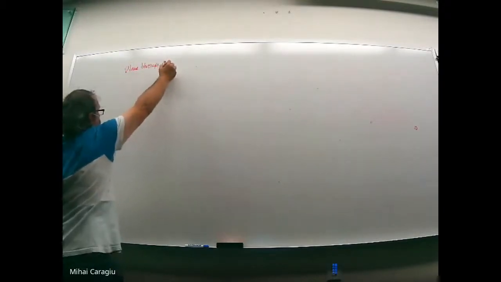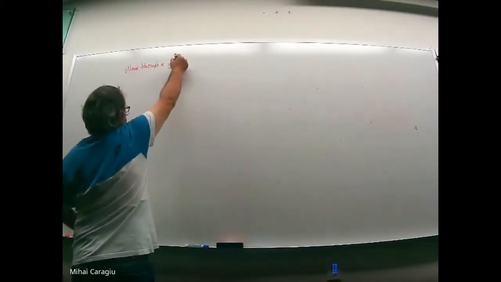Okay, number 3. The third type of problem. That's easier. Plane through a given point that is parallel to a given plane.